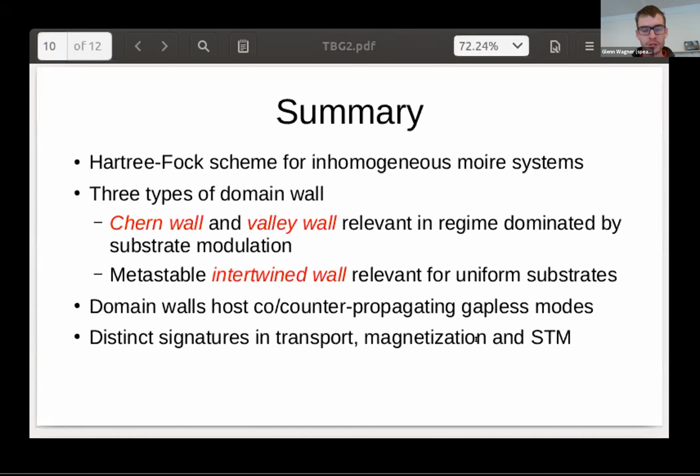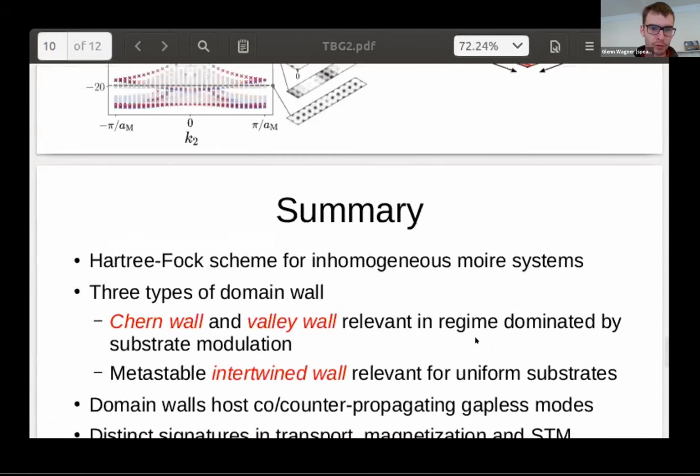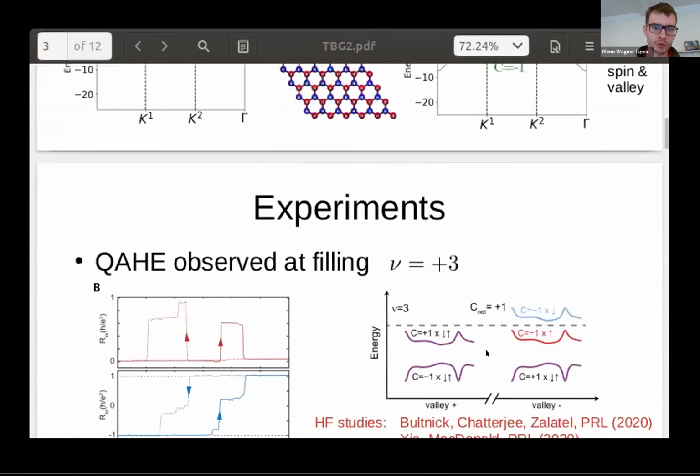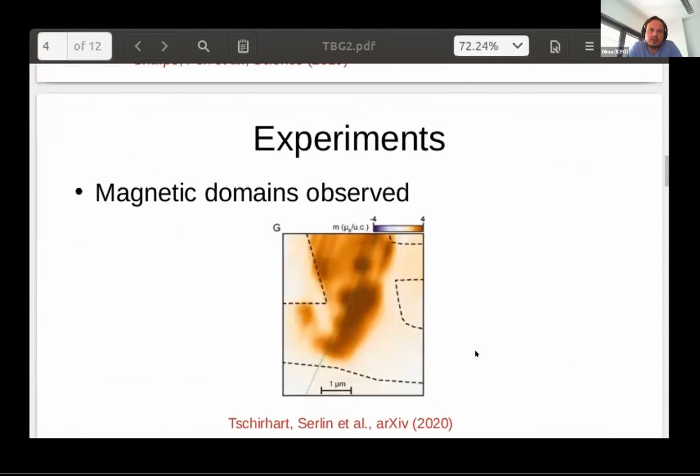Yes, exactly. So this is something that I was showing, these results of Andrea Young's group. Right, exactly. So they're able to observe the magnetization as a function of position. So this is exactly what we'd be interested in computing and comparing to the results. Basically, I think what we are all surprised about is that this is the same device where Andrea observes perfect quantization of the R_xy signal.